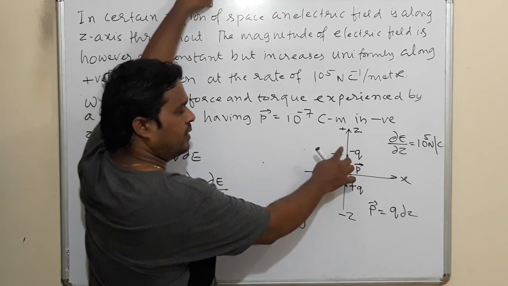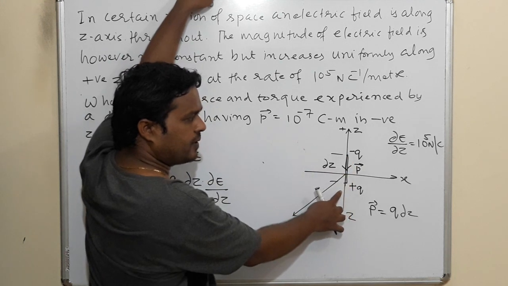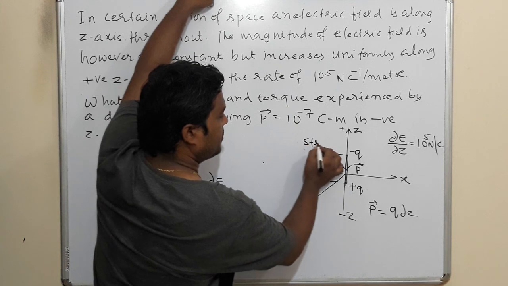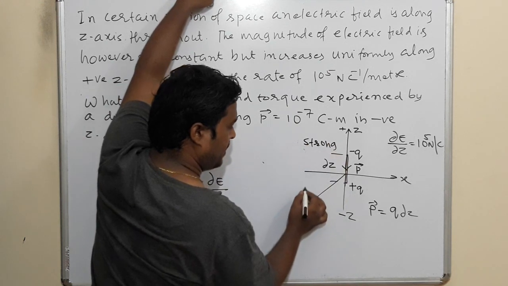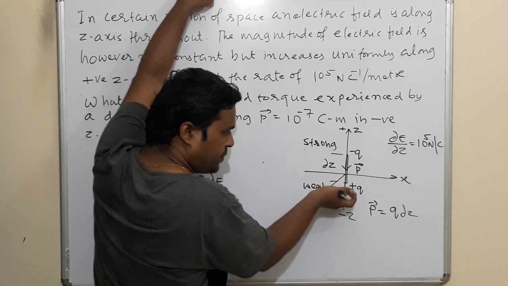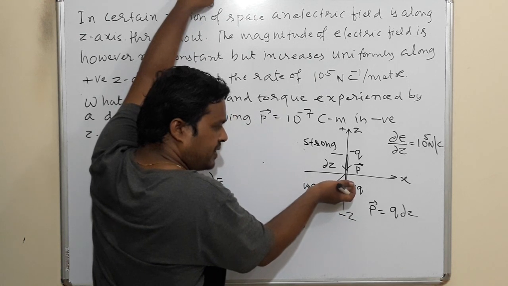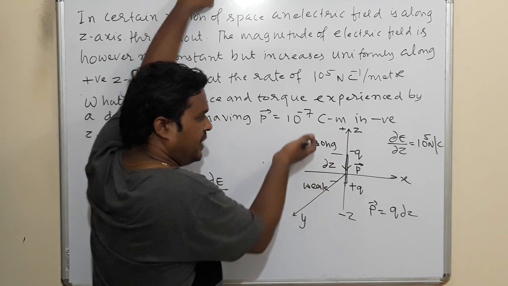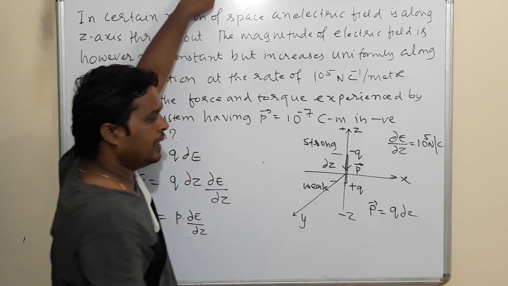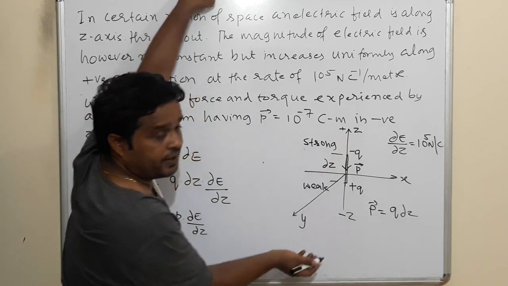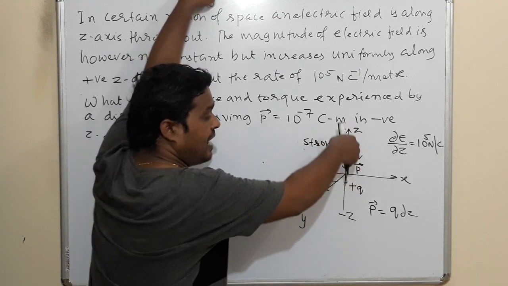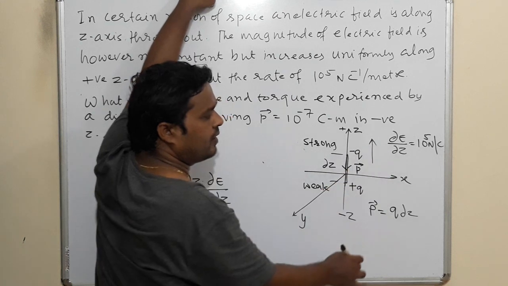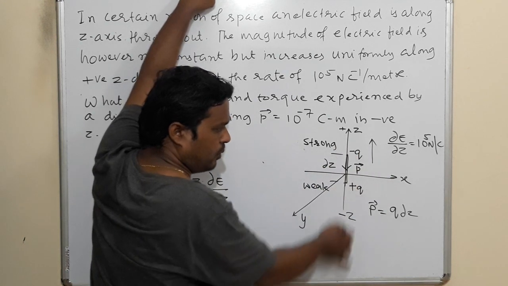From this point to this point field is increasing, so this is weak field, this is strong field. How is the dipole moment oriented? Dipole moment is anti-parallel to field. This is field direction, and this is direction of dipole moment.